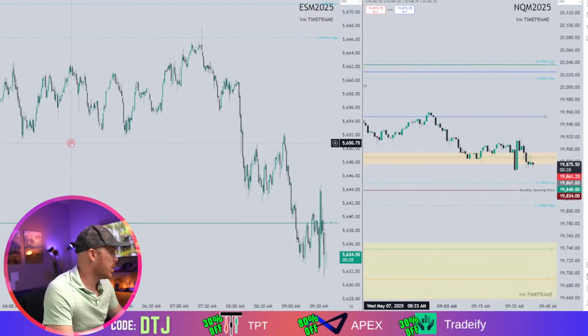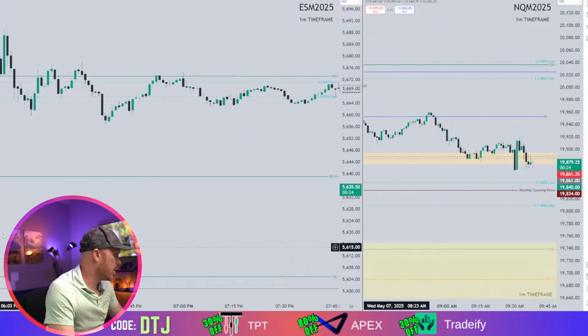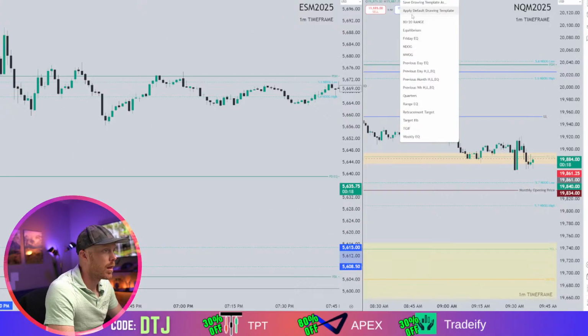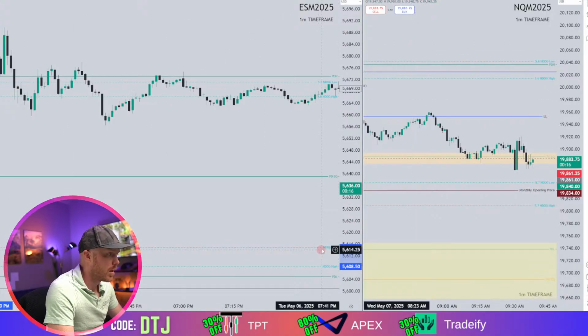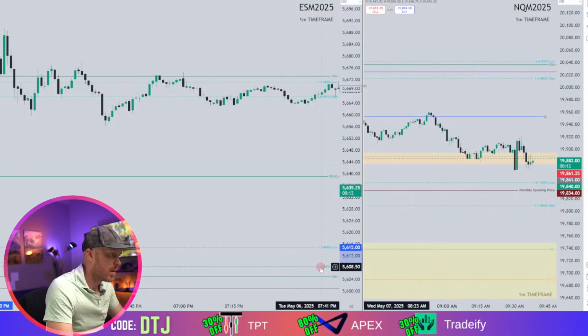London high and London low have both been ran. And then we have our opening range gap sitting down here.